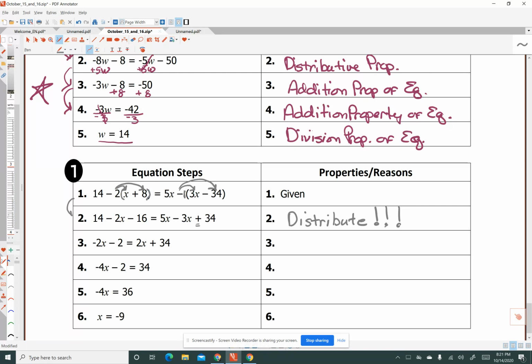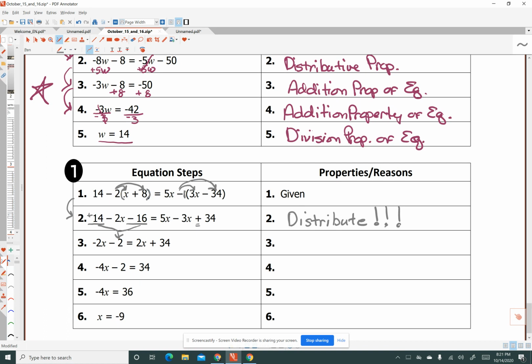And then once we've distributed, on the left side, I can combine this positive 14 with a negative 16, and that's going to give me negative 2.